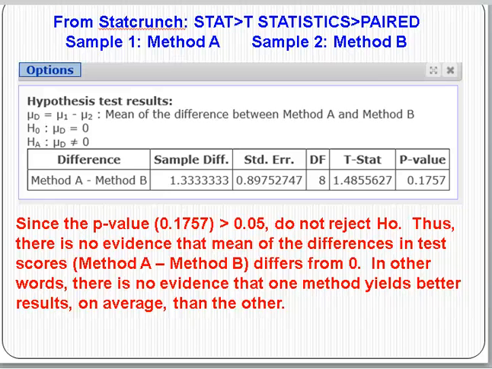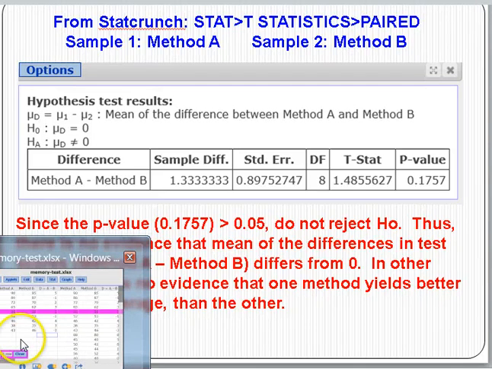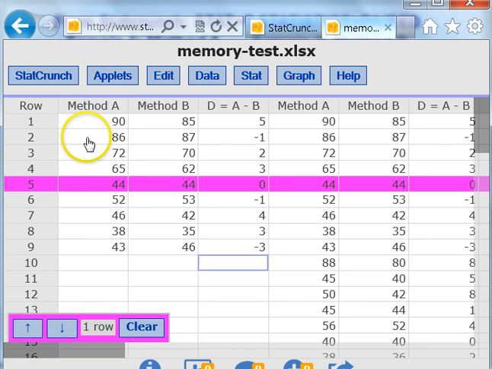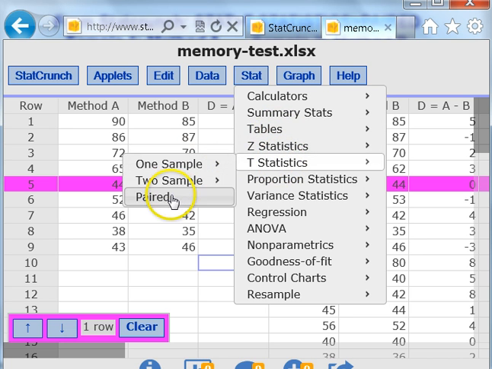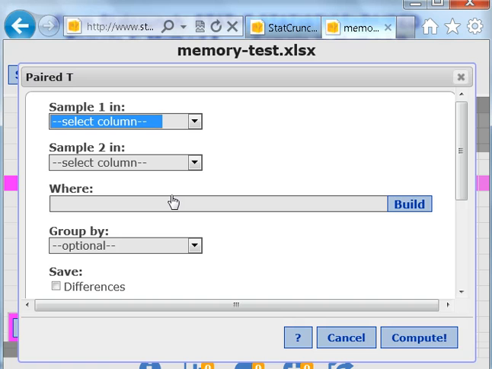Now we could continue and go to the t-applet. What I'm going to do next is go back to StatCrunch and actually conduct this test using StatCrunch. Under Stat, under T Statistics, we have a paired option, and the paired is for dependent samples. StatCrunch will always calculate sample 1 minus sample 2.